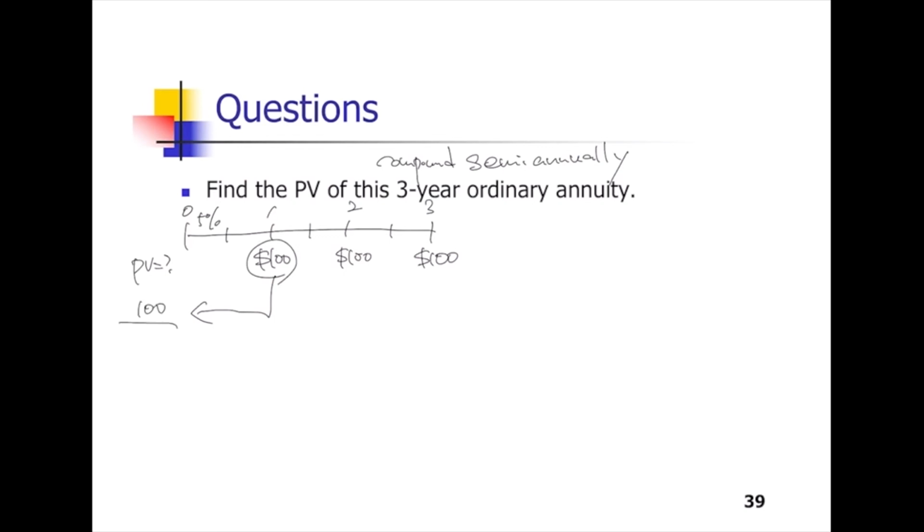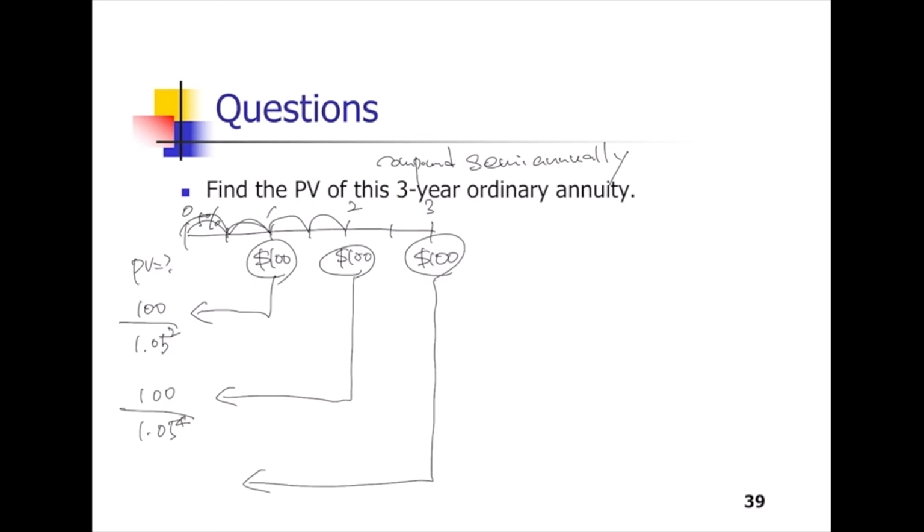100, the period rate is 0.05, 1.05. And what is the power of n? Discount how many times? 1 and 2. So power of 2. And this money is discounted how many times? 1, 2, 3, 4. Power of 4. And this money is discounted 6 times, right? And the sum of this is the answer to this question. It's simple, right?